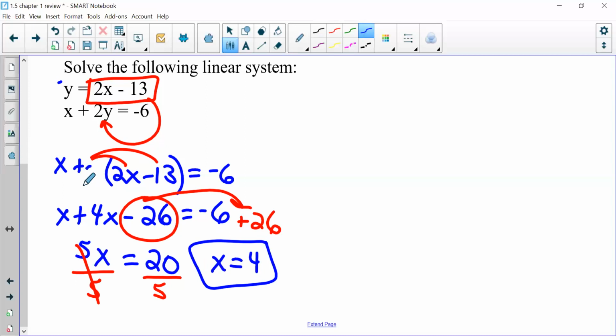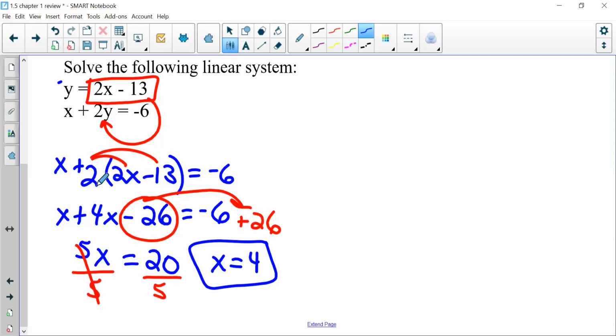Yes, Marshall. Like, how did you put all that equation in the second? So this went in the place of y. Y equals 2x minus 13? Yes. So you put it all, and then you just do x plus 2 in brackets, 2x minus 13 equals negative 6.